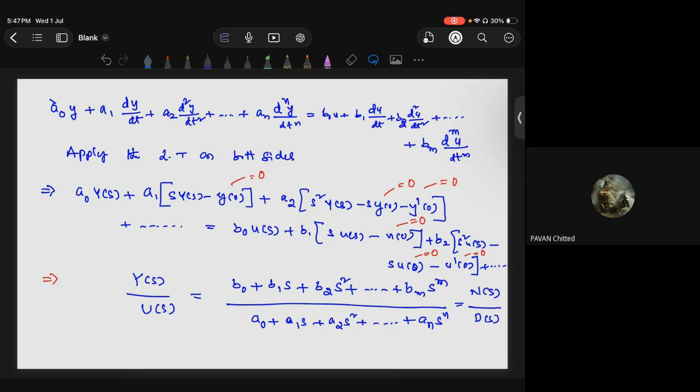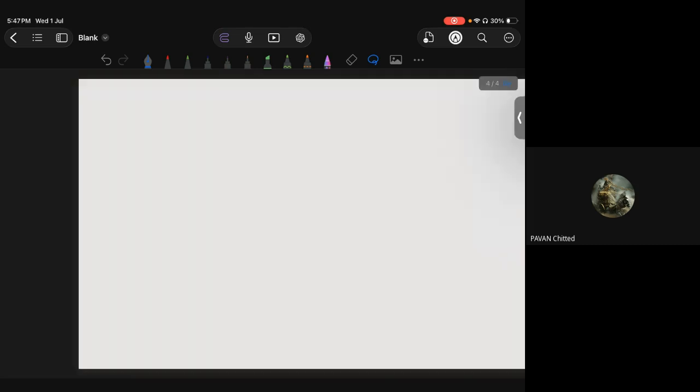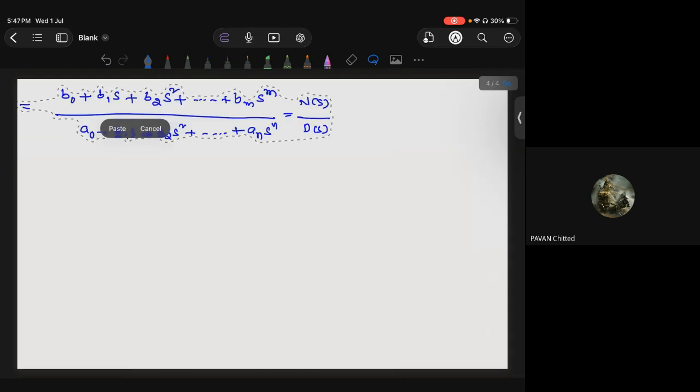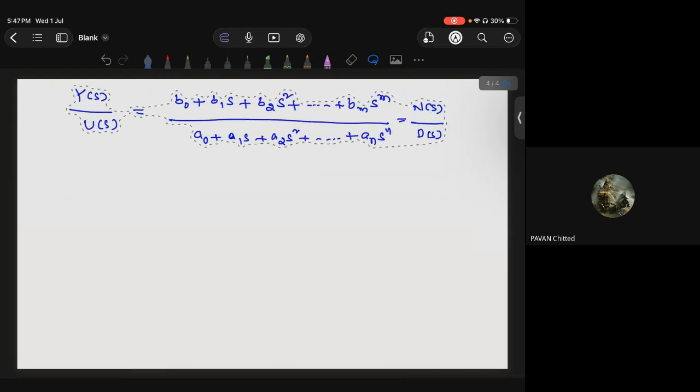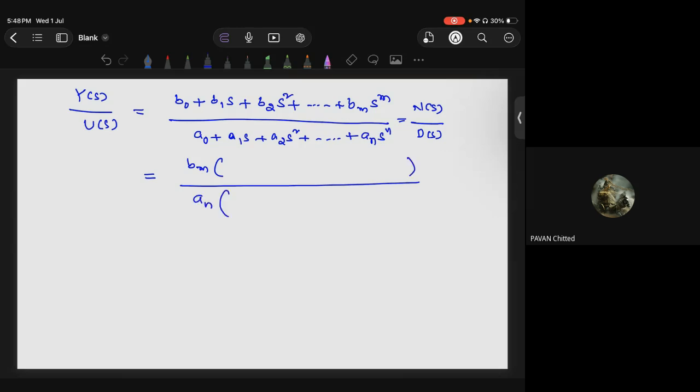Let me copy this. Now from the numerator, I take bm out, and in the denominator, I take an out. I'm just taking common.